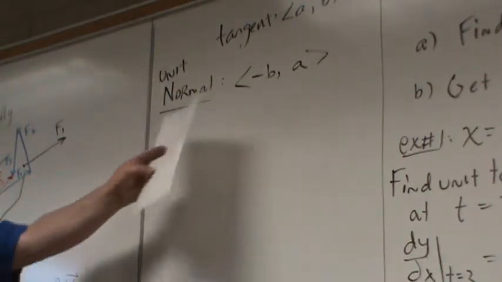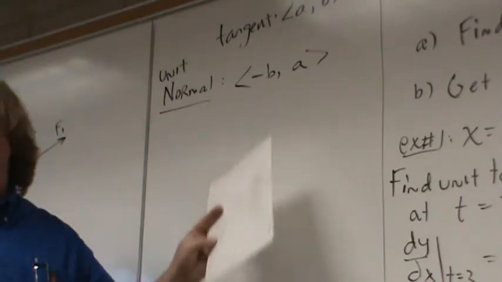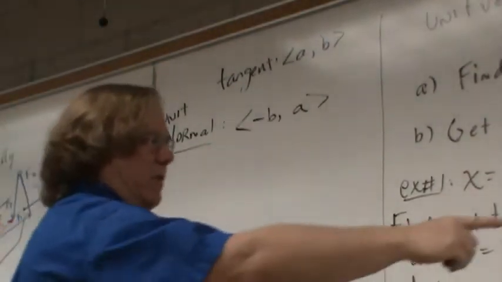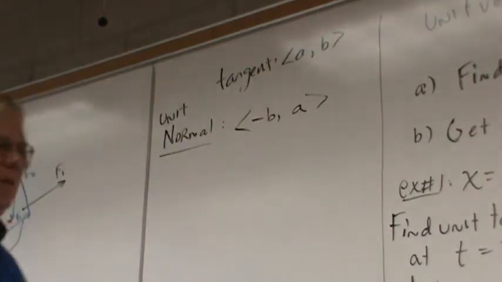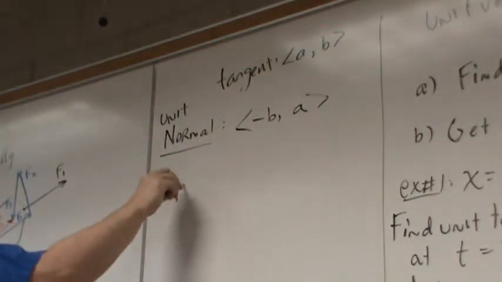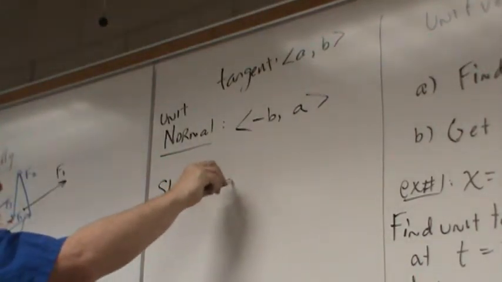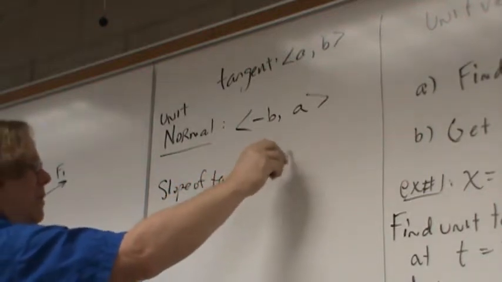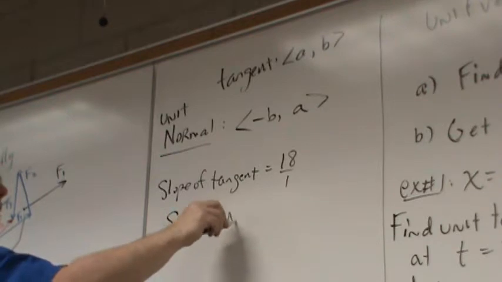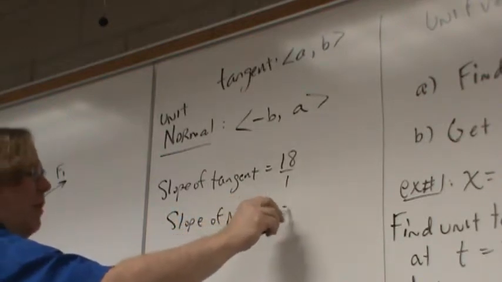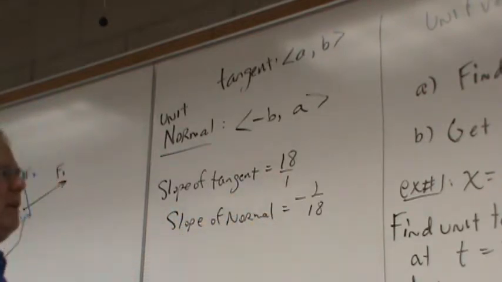If you're not comfortable just making that leap like Zach did, you can always just look at this. If the slope of the tangent equals 18 over 1, then the slope of the normal has to be the negative reciprocal. So it'll be negative 1 over 18. And now you get Zach's answer.